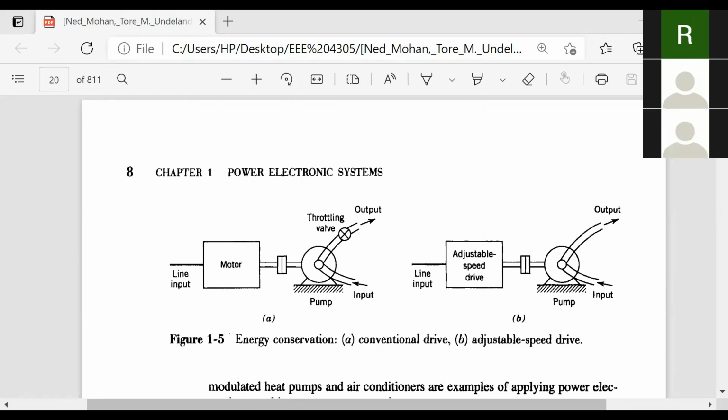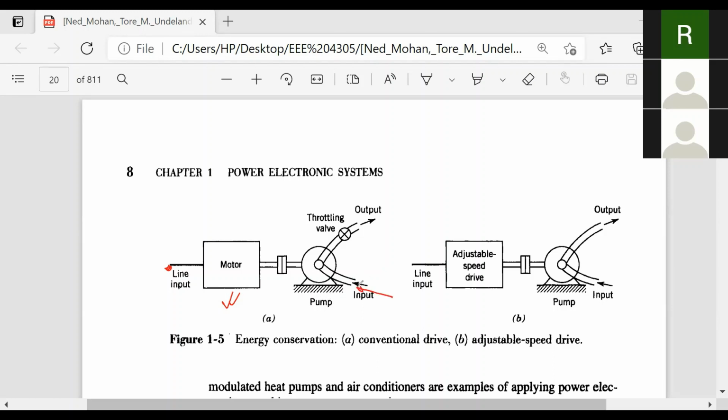Yes, sir. Look here, you are using a motor, say an AC motor, and you have given the supply to that motor, and there is a pump here.